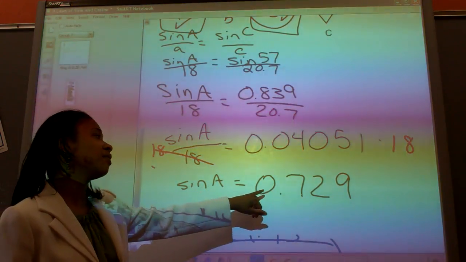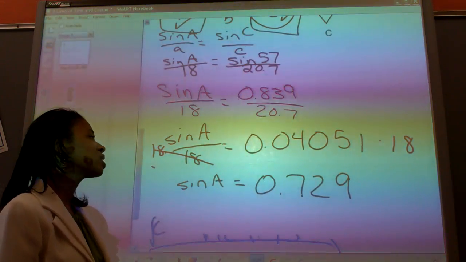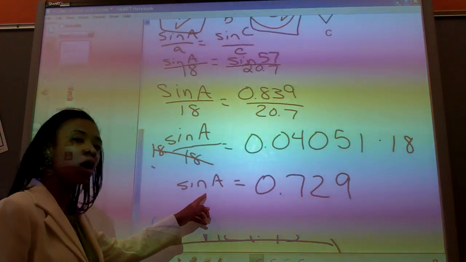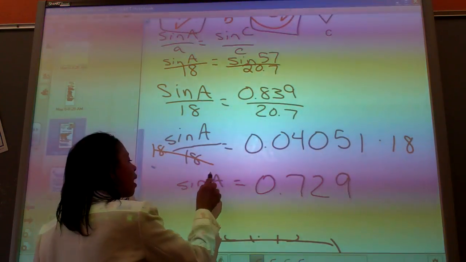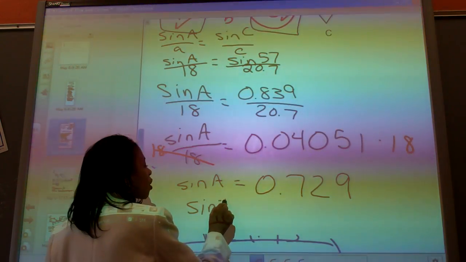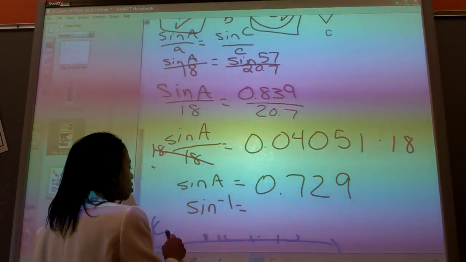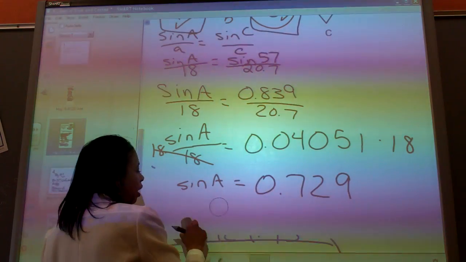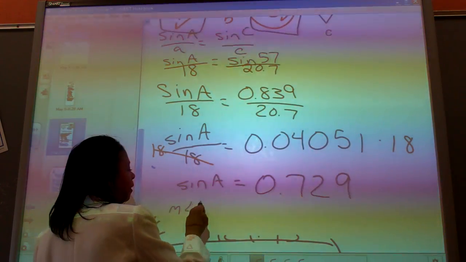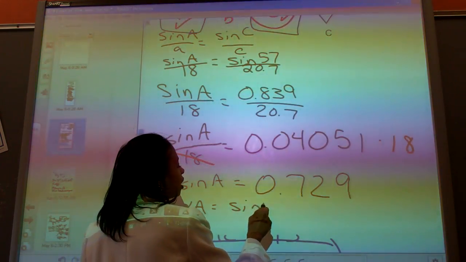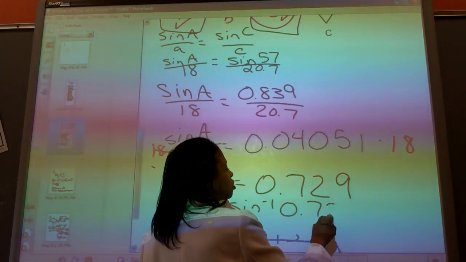I know the sine of A as a decimal, but what's the angle measure? Remember we talked about this before. I want A by itself, so I need to do the inverse of this number. That's going to give me the measure of angle A. So the measure of angle A equals the sine inverse of this 0.729 number.